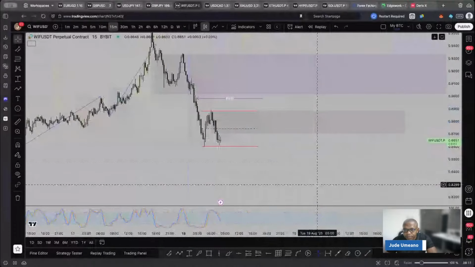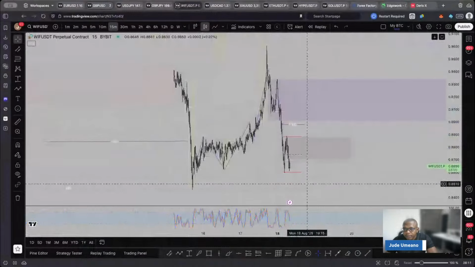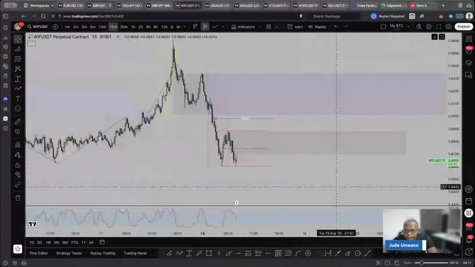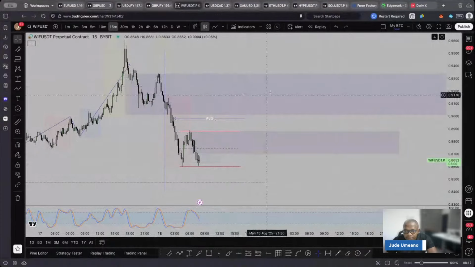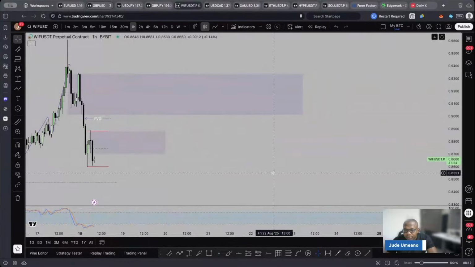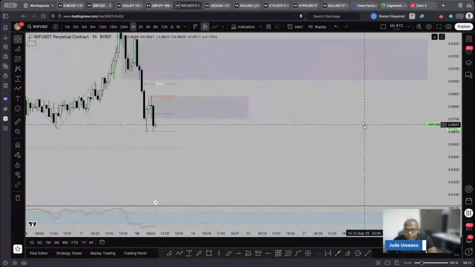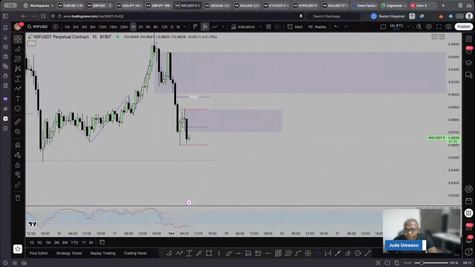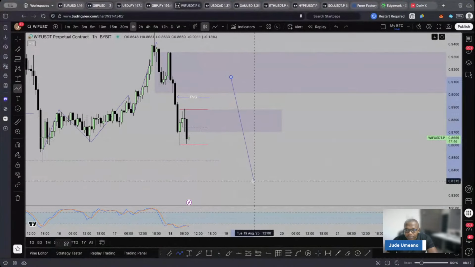Okay, but remember, this is a zone. If we go back to the 1 hour, this is a zone I'd like us to come down from.